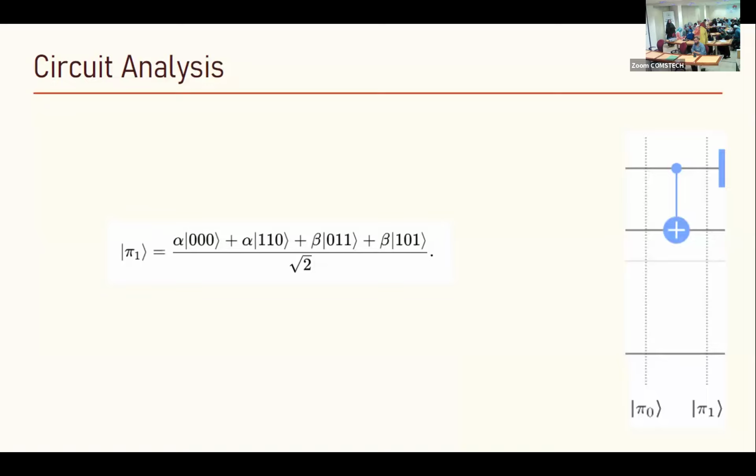The middle value will change if the least significant value is 1, because the least significant value is the control bit. Nothing would happen here. This would become 1. Write it again. Everyone with me? Done? Shall we move to the next step?